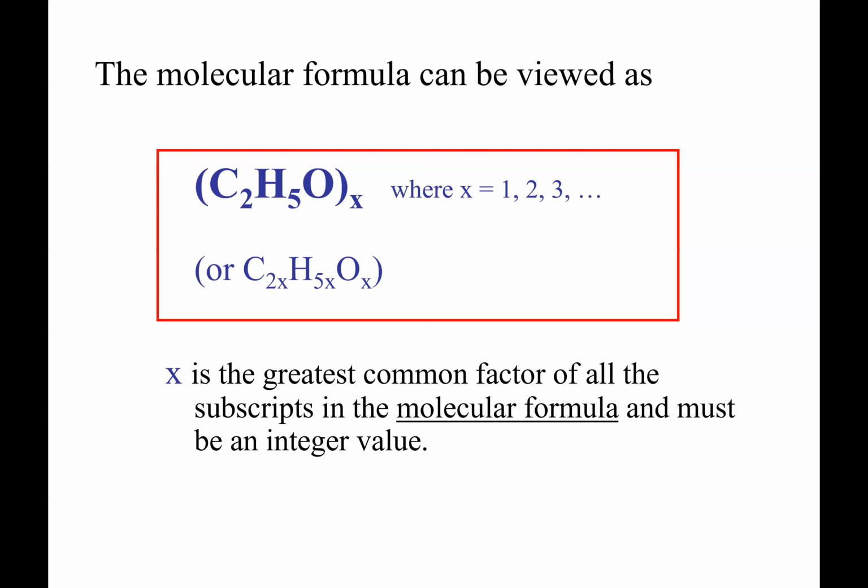So what this is trying to tell you is that empirical formula is kind of a repeating unit, like a base unit. We could have it times 2, so it'd be C4H10O2. We could have the whole thing times 3, it'd be C6H15O3. We can have it scaled up times 4, that'd give you C8H20O4. Those are all possibilities, okay?